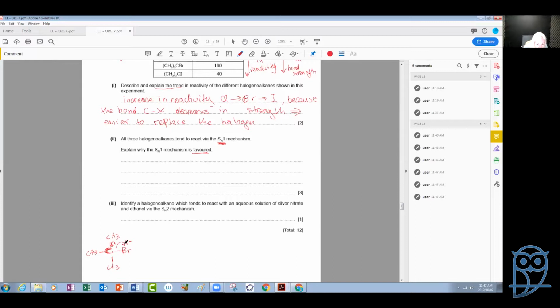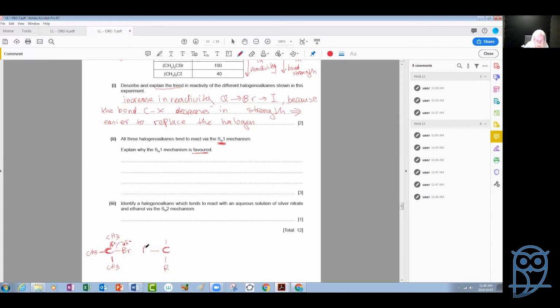In this first step, the pair of electrons moves to the bromine, which has this negative partial charge. This first step happens very slowly, and what remains is a carbocation with these three alkyl groups.